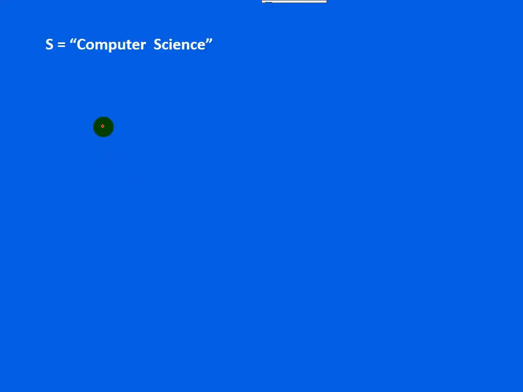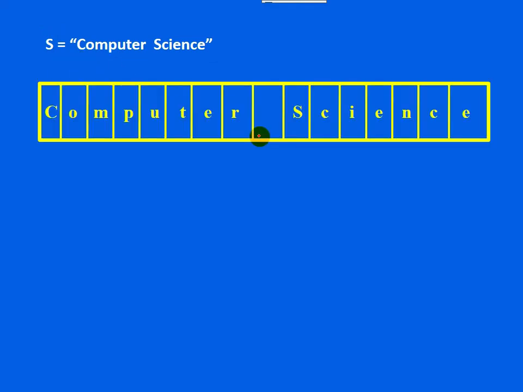Consider the string s is equal to "computer science". So you know that the string variable s is pointing to the string "computer science". In the computer's memory, the string is stored like this. There is forward indexing. For the first character, the index is 0. For the next character, the index is 1, and so on.